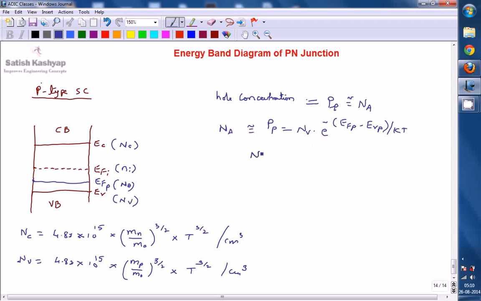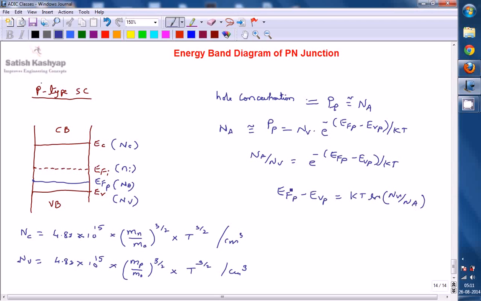So you can write Na by Nv is equal to e power minus of (EFP minus EVP) divided by KT. If you simplify this, you are going to get this equation: EFP minus EVP is equal to KT natural logarithm of Nv divided by Na.